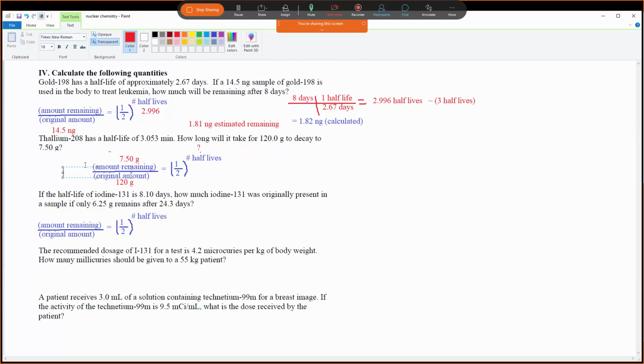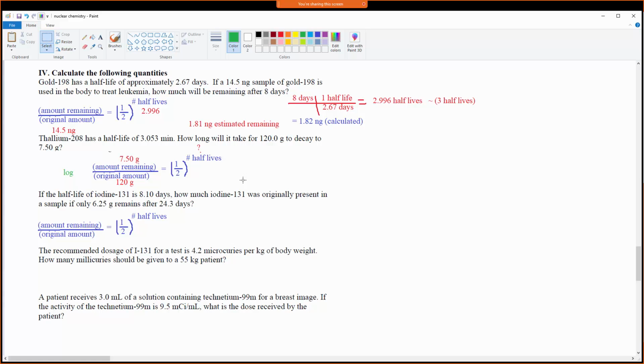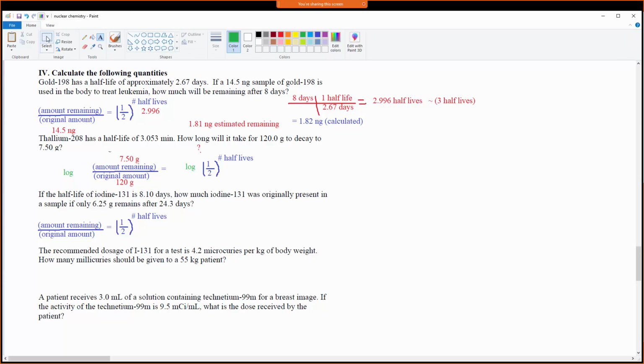You're going to take the log of both sides, log of this side, and the log of that side. And the log of anything with an exponent ends up being, this moves out in front. So the log of 1/2 raised to the number of half-lives is the same as the number of half-lives times the log of 1/2.